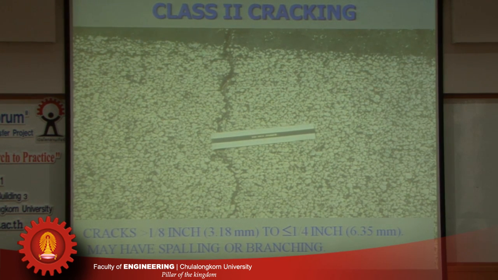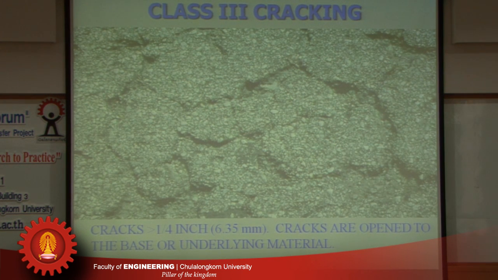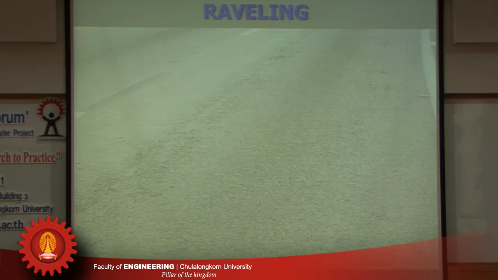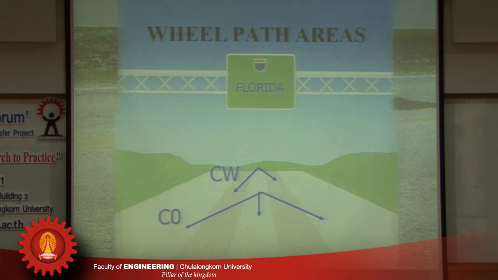If it's greater than 3.18 mm but less than 6.35 mm, it will be classified as Class 2. And Class 3 are cracks that exceed a quarter inch or 6.35 mm. Raveling and patching are also considered.